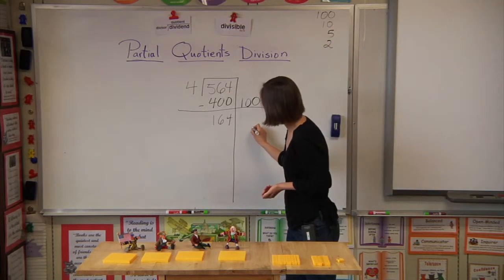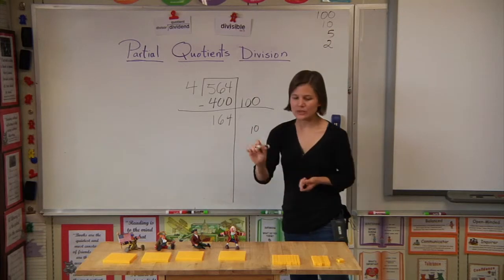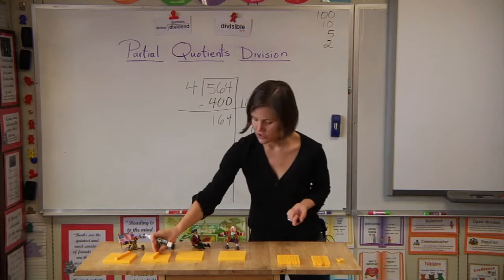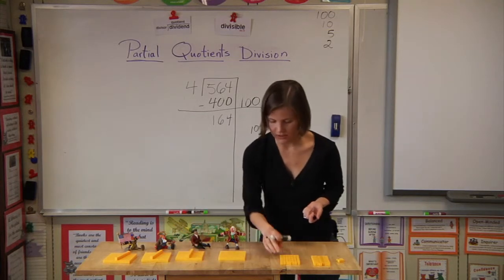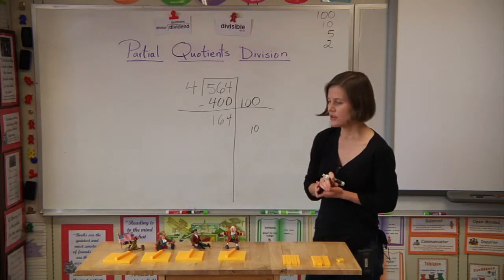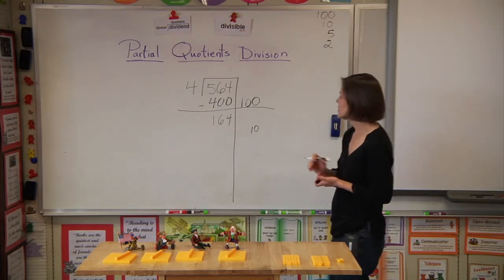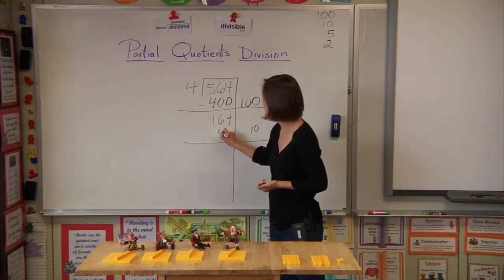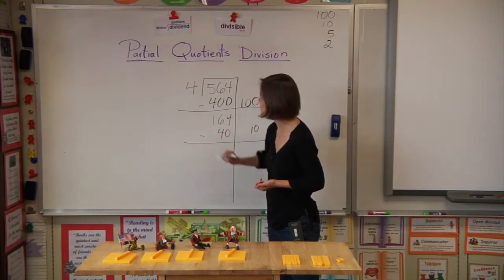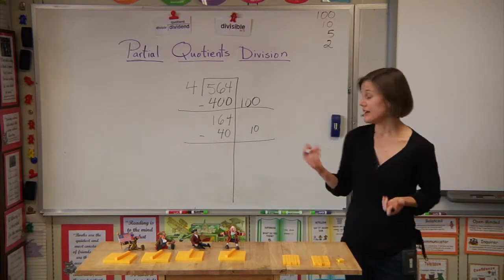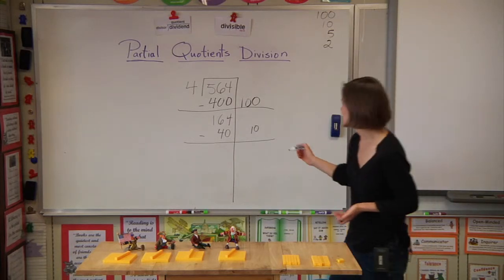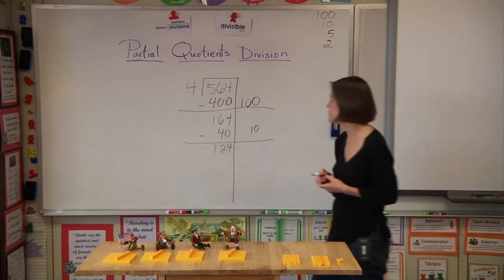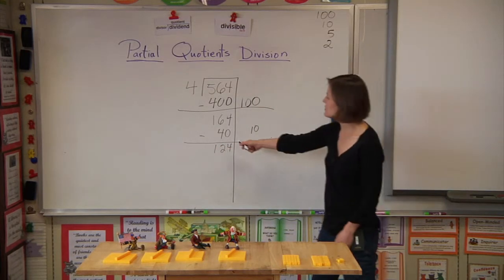So if I handed out 10 to each founding father, 1, 2, 3, 4, then I've handed out a total of 40 pieces of chocolate. Again, we've got to figure out how much we have left over. 124 pieces still left. Well, that only took care of 40.